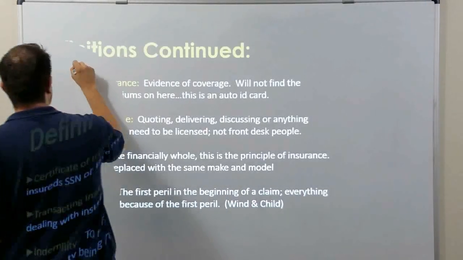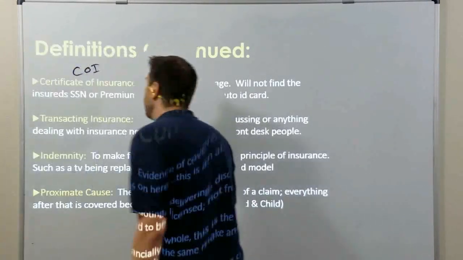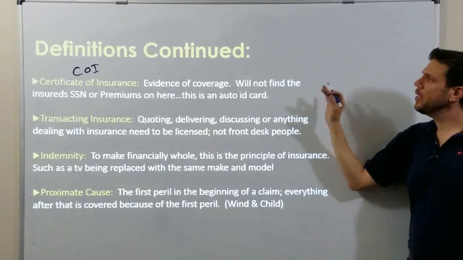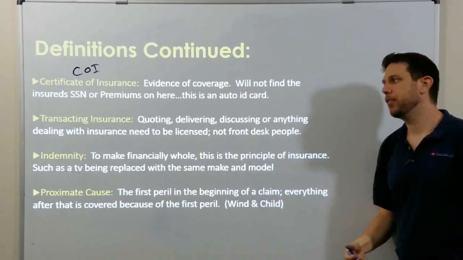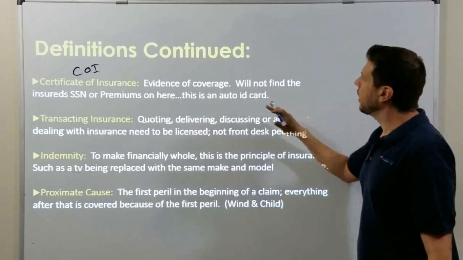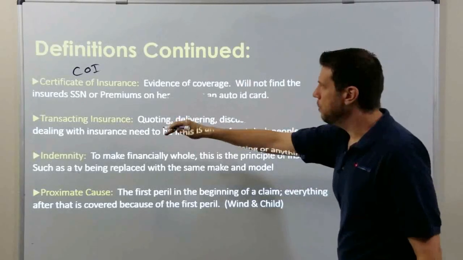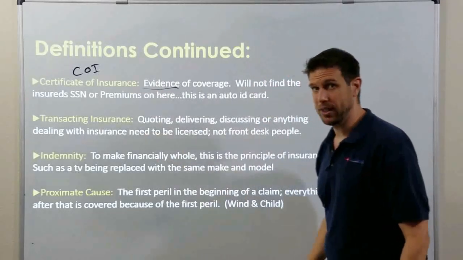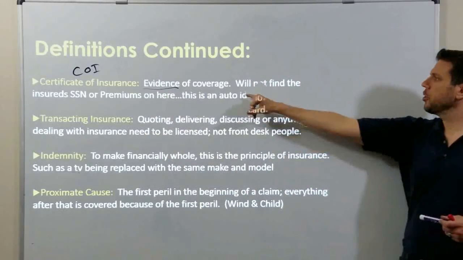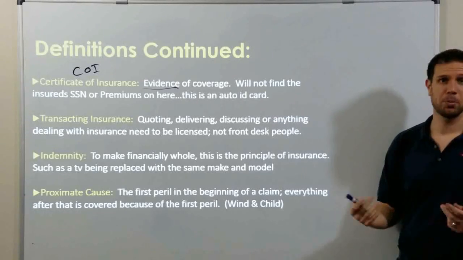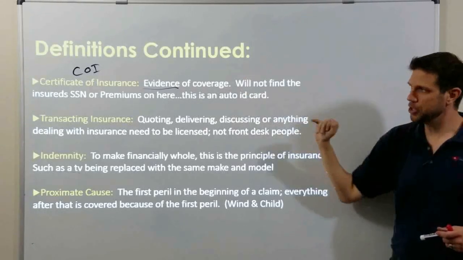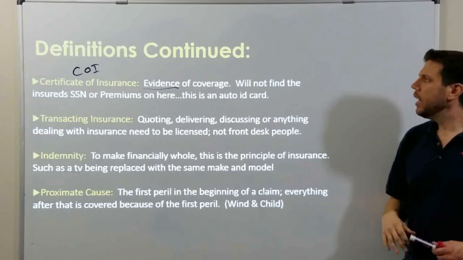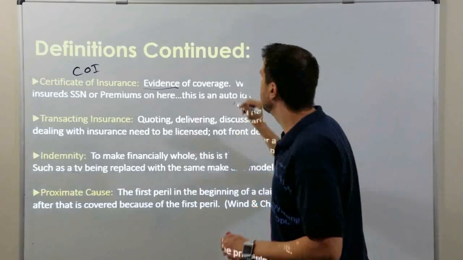The next definition we have is a certificate of insurance. In the real world, we call these COIs. But a certificate of insurance is evidence of coverage. This is what the customer gives to other people to prove they have insurance. This is your auto insurance card. So like if the cops pull you over, you give them your certificate of insurance, which is your auto ID card. It'll have your name.